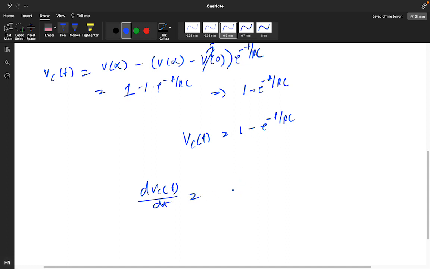If you differentiate it, you get 1 by RC e power minus t by RC at t equals 0 plus. Put the value 0, so you will get 1 by RC. Is this part clear, Priyanka? Priyanka, understood? Prasanna, you understood? Yes. Okay.